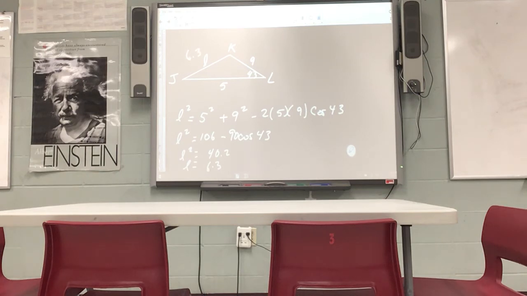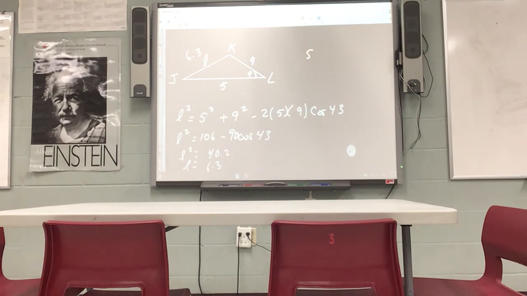Guess what? We just did a whole lot of good math that we needed to do, but we don't have the answer the question asked for yet. The question asked for angle J. But what we did just do is get our L. So we know angle L and we know side L, so now we can do the law of sines. We're trying to solve for angle J, so we're gonna put angles on top.